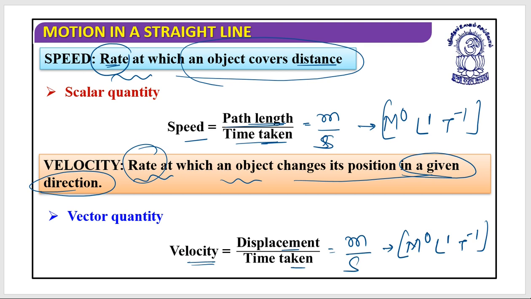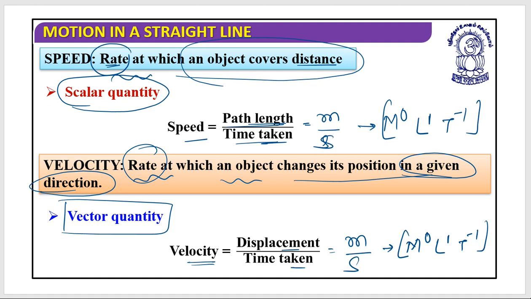Now one more difference. Speed is a scalar quantity while velocity is a vector quantity. You are well aware of what is scalar and what is vector. We discussed in the previous class that for any quantity to be a vector, it needs to satisfy three primary conditions.